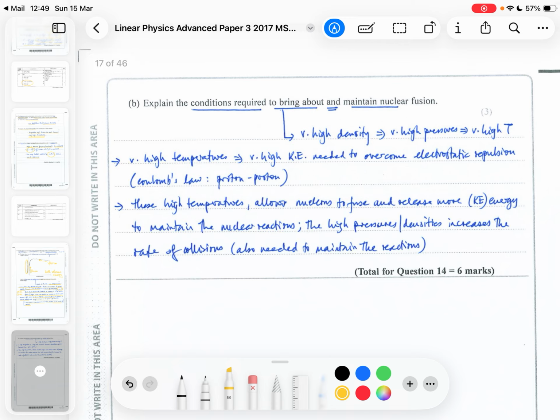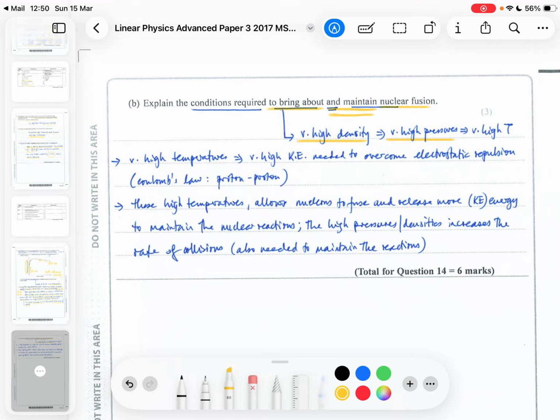Explain why the conditions are required, A, to bring about nuclear fusion, and B, to maintain nuclear fusion. So to bring about nuclear fusion, gravity gradually coalesces protostars, a mass of gas like a nebula, and gradually over millions of years it becomes much higher in density, which then also obviously by collision theory, the kinetic theory of gases, produces higher pressures due to them being in closer proximity.